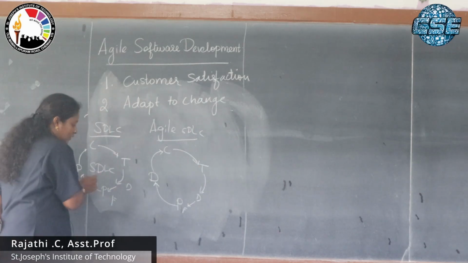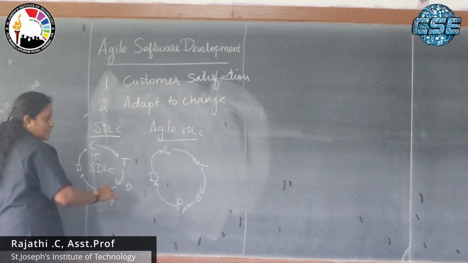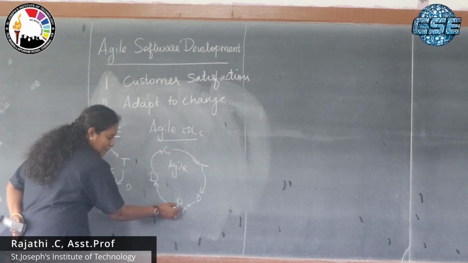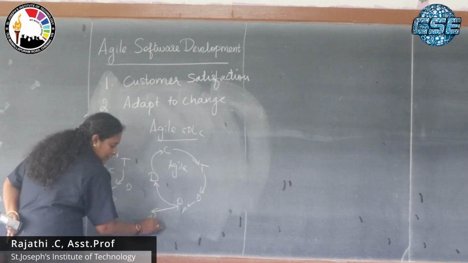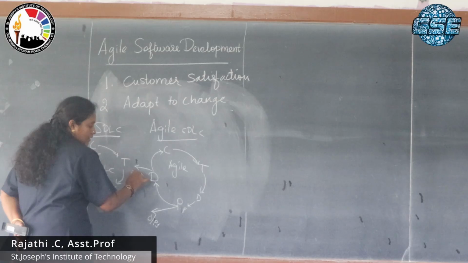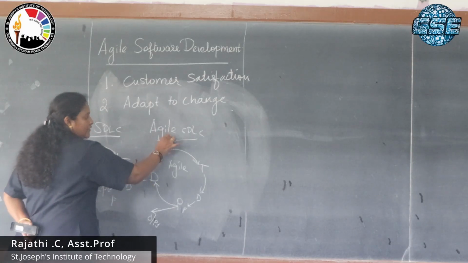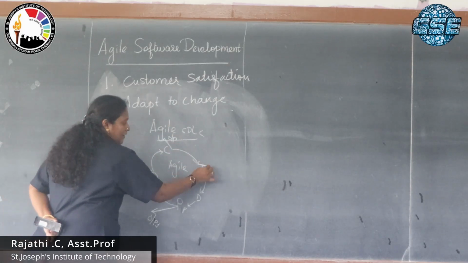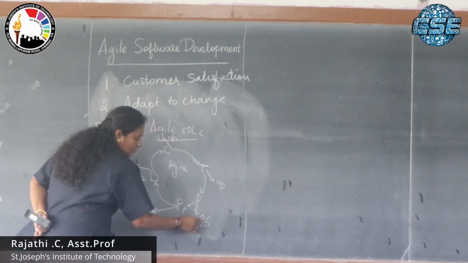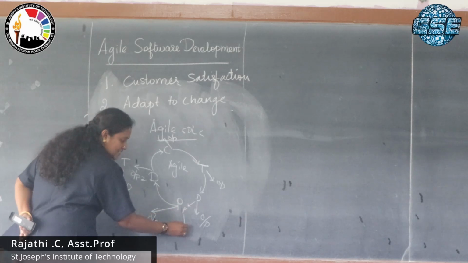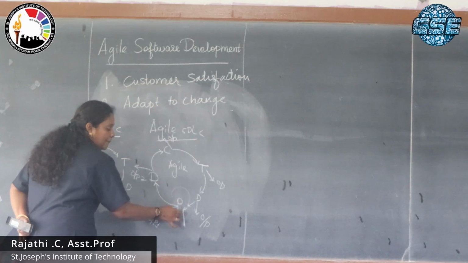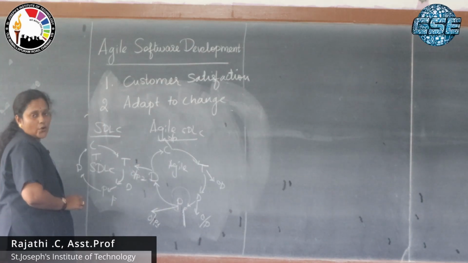What is the difference between the traditional software development life cycle and Agile? After every phase the output is recorded: after planning, after designing, after coding, after testing and after deployment. Based on these feedbacks the changes happen, iteratively.